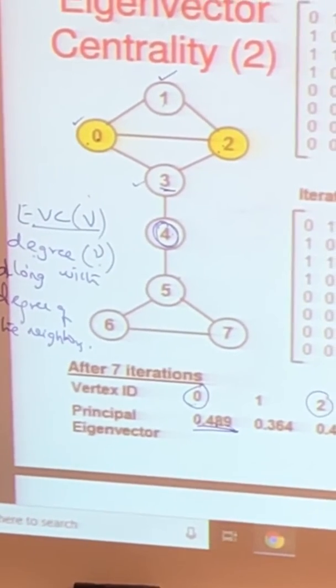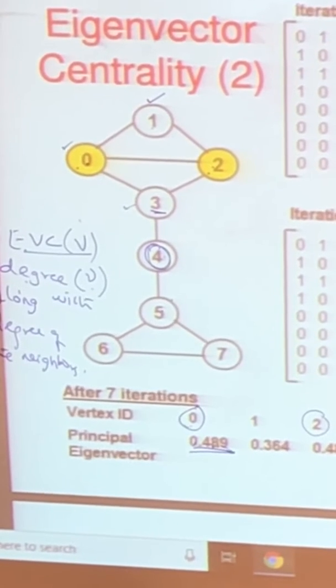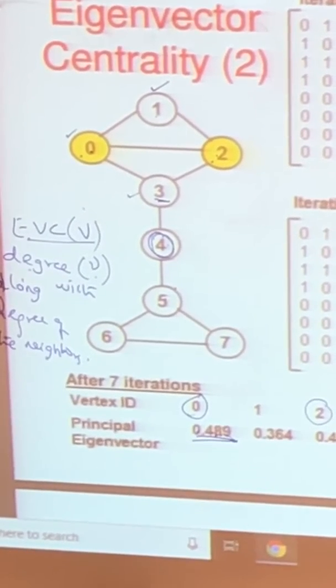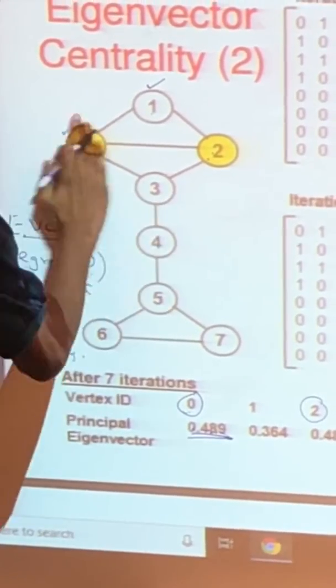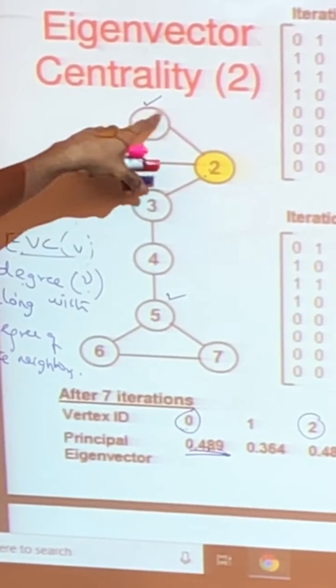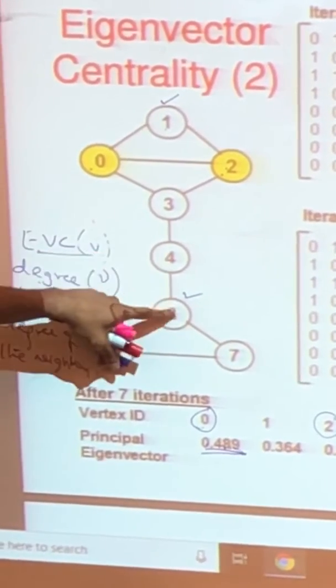Let us pick 1 and 5 for that matter. 1 has a degree of 2, okay, and 5 has a degree of 3.